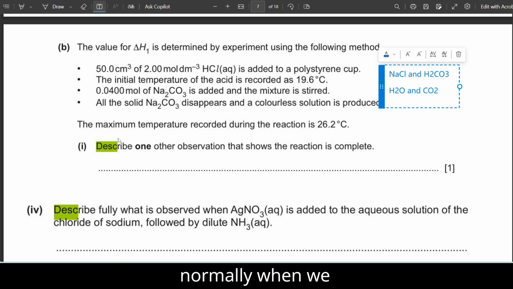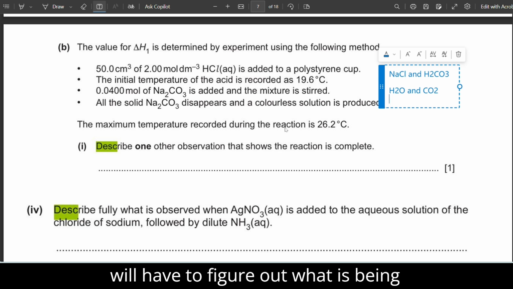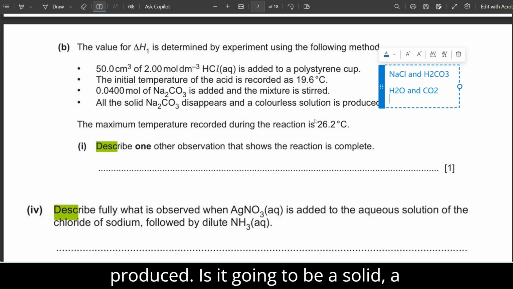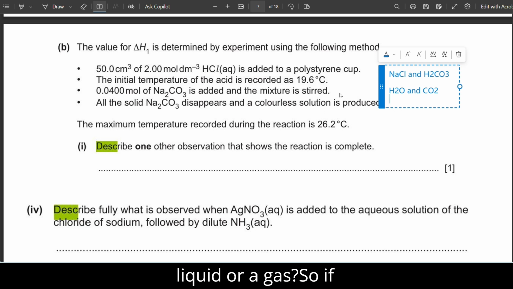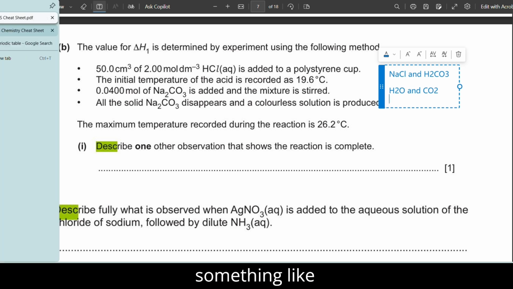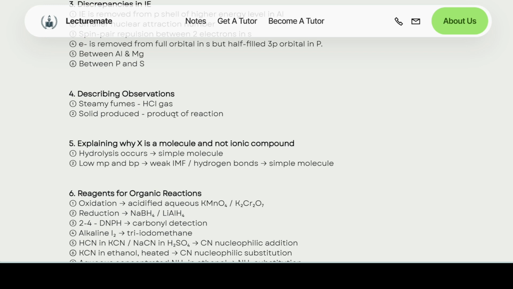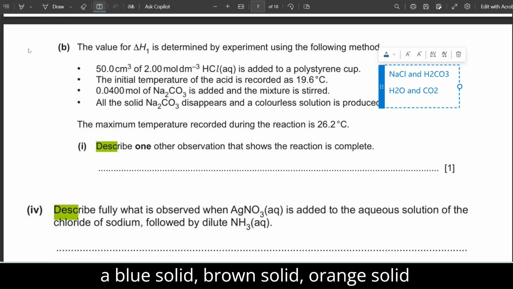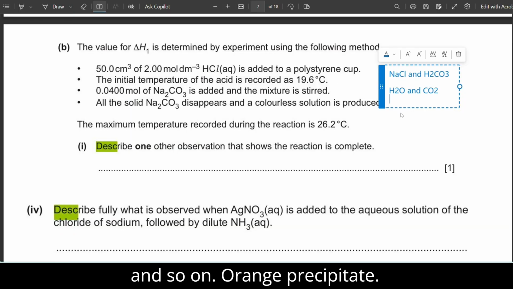Normally when we have to describe a reaction, we have to figure out what is being produced. Is it going to be a solid, a liquid, or a gas? If a solid is formed, we'll usually say something like a blue solid, brown solid, orange solid, and so on. Orange precipitate.